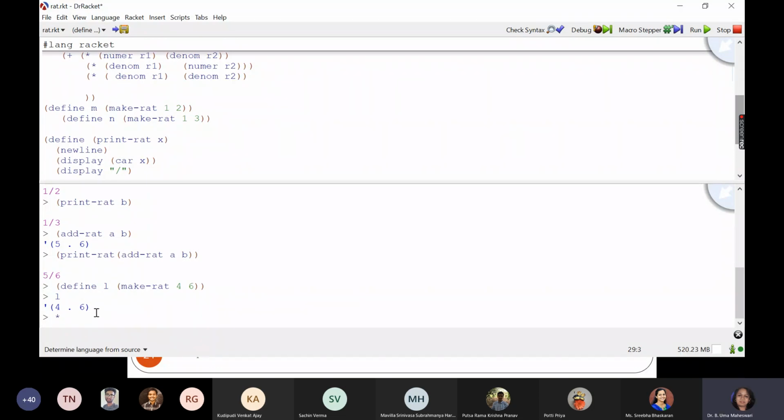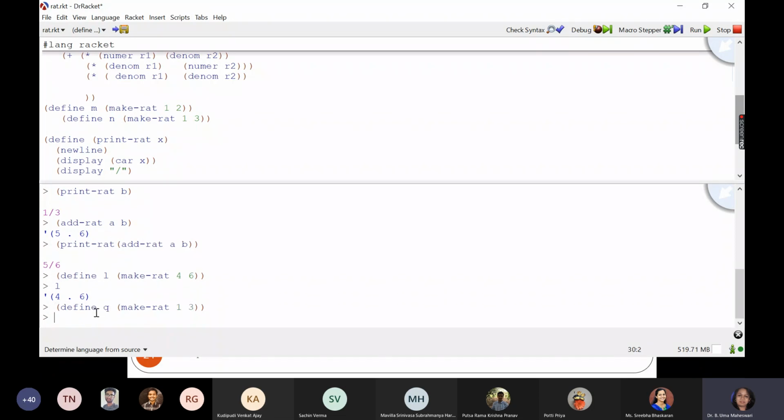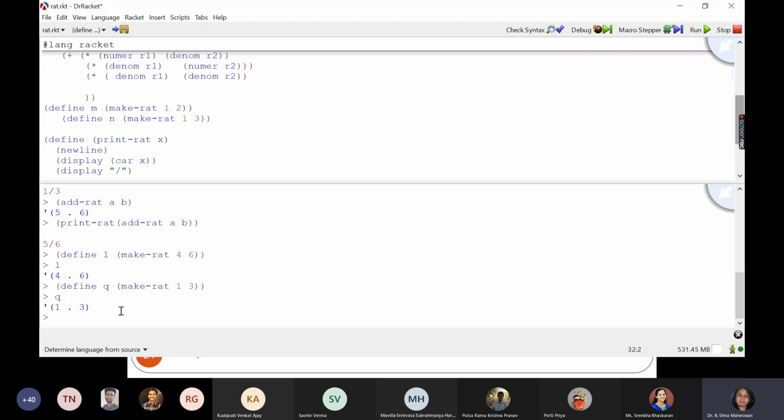And in the same way, defining M, or something, Q. Make-rat, just say 1, 3. Okay. This is my second rational number. If I type Q and check, I can see 1, 3. So now in my hand, there are two rational numbers, L and Q.